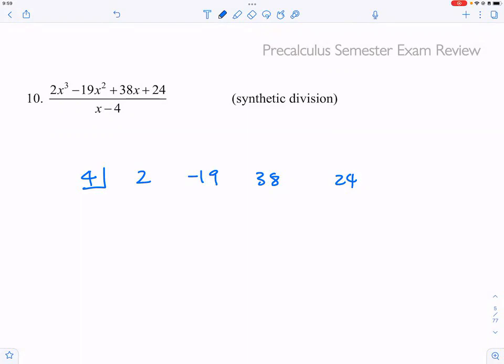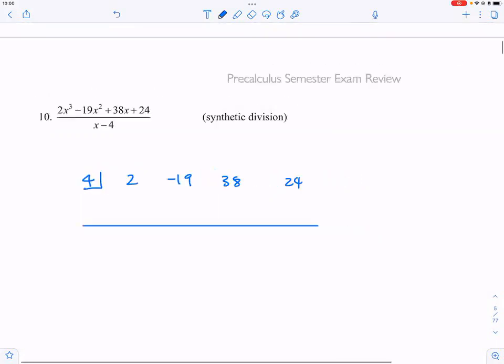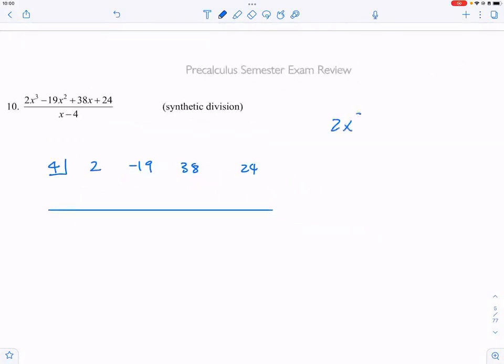Now, I want to use this opportunity to emphasize one fact that is not covered in this problem. And that is, it may be possible that one of the terms in the numerator or the dividend could be missing. Like, for example, it could be like 2x cubed and then just 38x plus 24. The x squared term is missing.